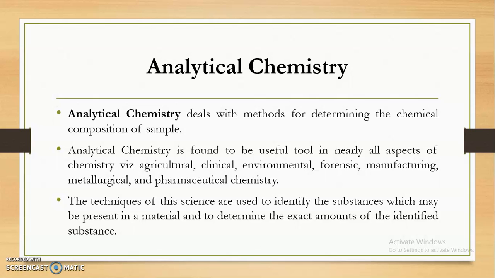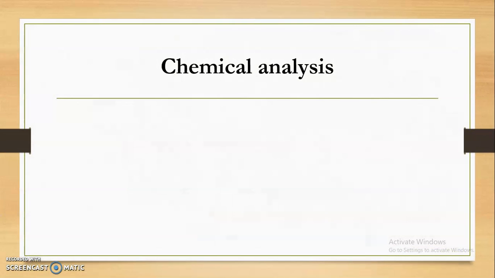Similarly, we are going to determine the composition, meaning A and B are present in that particular mixture. Along with that, we are going to determine the exact amount, whether 80% A is present or 80% B is present. So in this way, we will be using analytical chemistry for the determination of the composition as well as the exact amount of that particular substance.